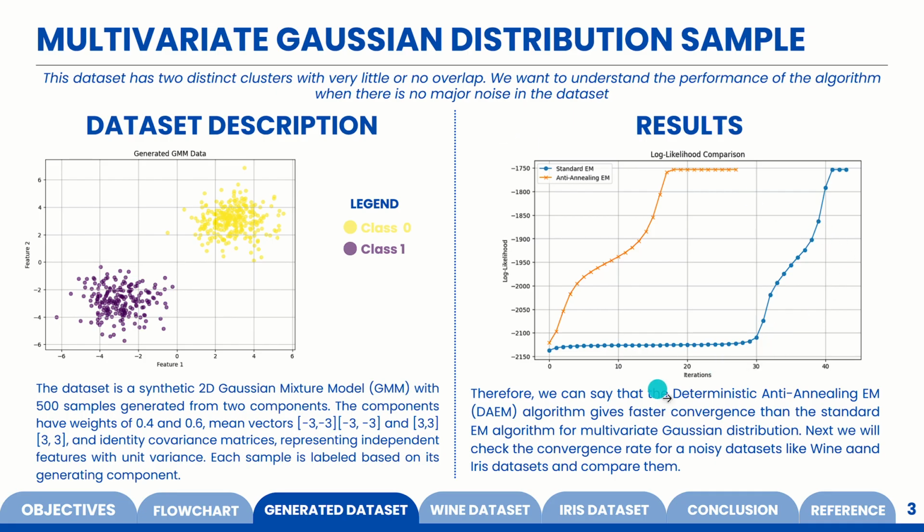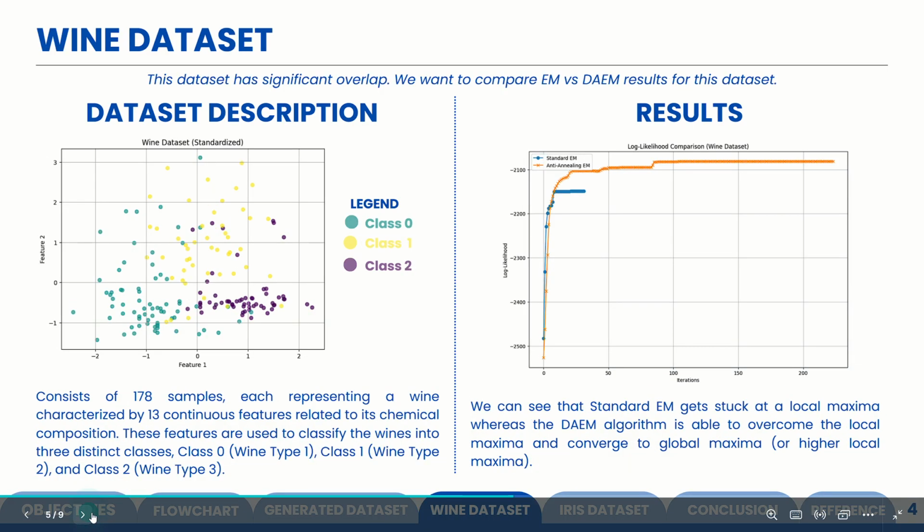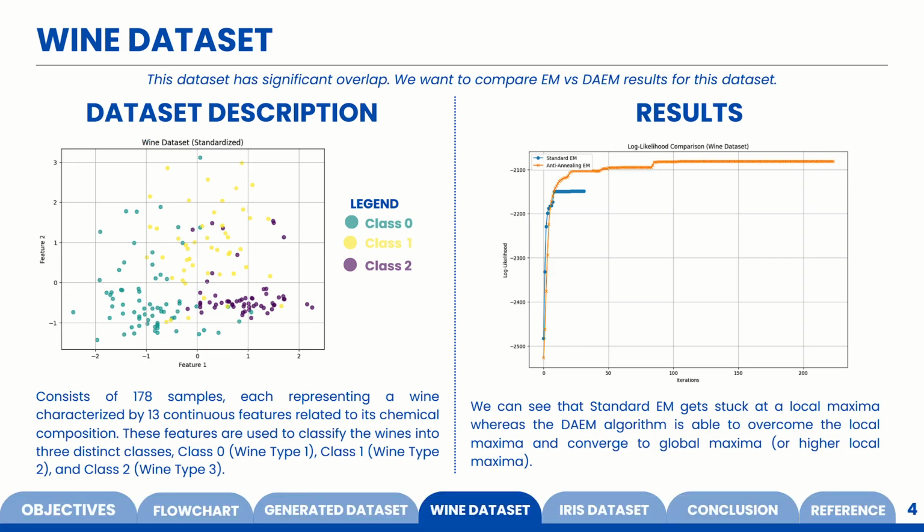We can see that the deterministic anti-annealing algorithm gives faster convergence than the standard one, and this result is because of that beta exponent. So that's for the data set which we generated.